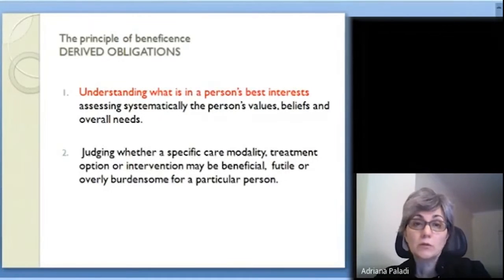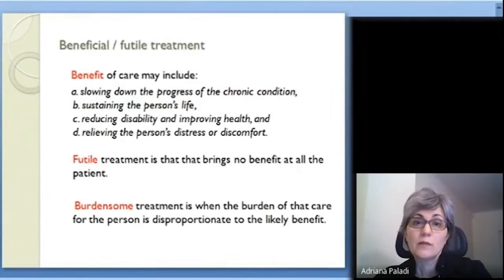And about this obligation, we will discuss a little bit more. Firstly, it is necessary to understand what type of treatment is a beneficial one, and here you have some criteria of beneficial treatment. In other words, the treatment is beneficial if it slows down the progress of a chronic condition, sustains the person's life, reduces disability, and improves health, relieves the person's distress or discomfort, and so on and so forth.